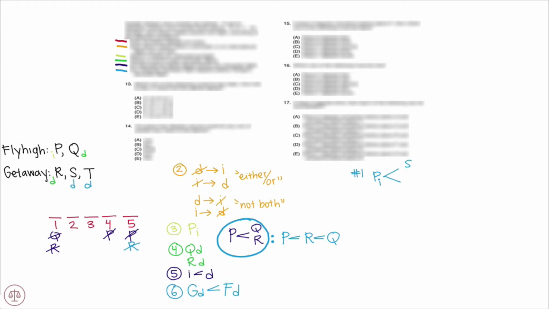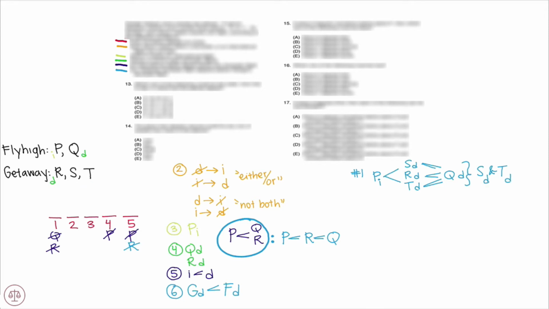So we'd have S domestic, R domestic, and T domestic. And then we would have Q domestic be after all 3 of those. Now this is our option if S and T were domestic.